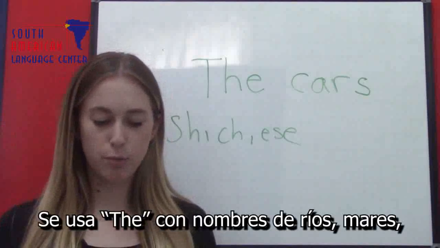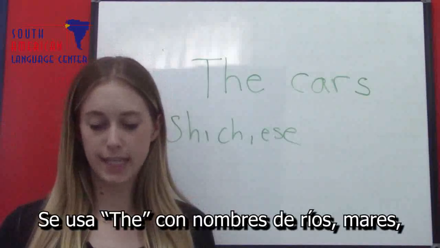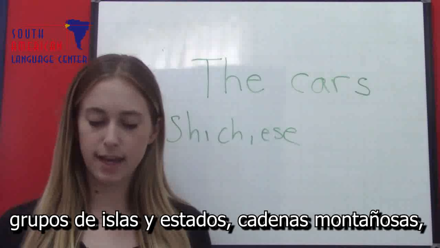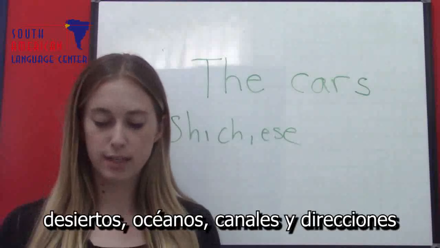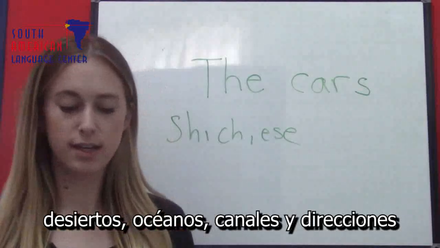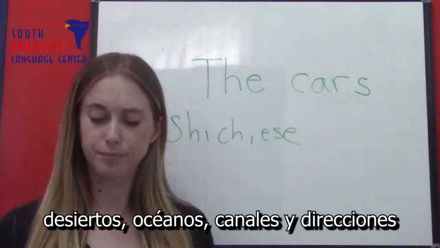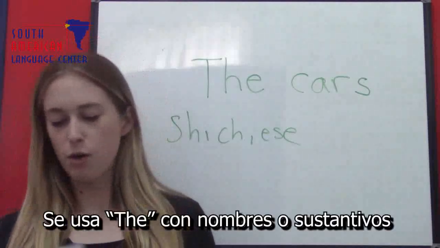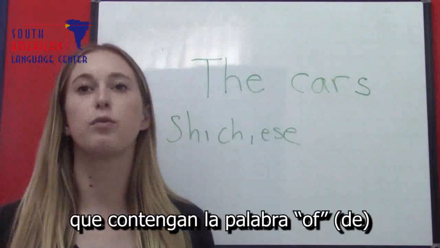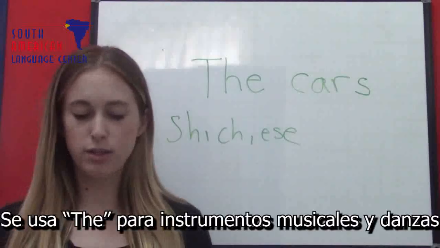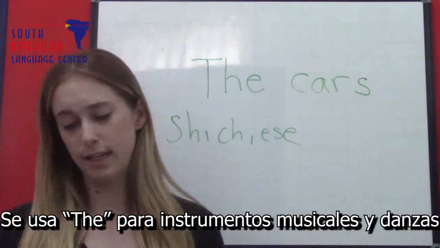You use the with the names of rivers, seas, groups of islands and states, mountain ranges, deserts, oceans, canals, and directions. You use the with the names or nouns with the word of. You use the for musical instruments and dances.